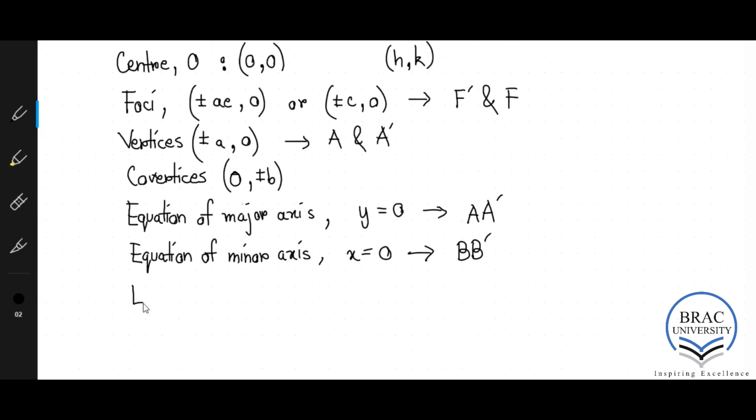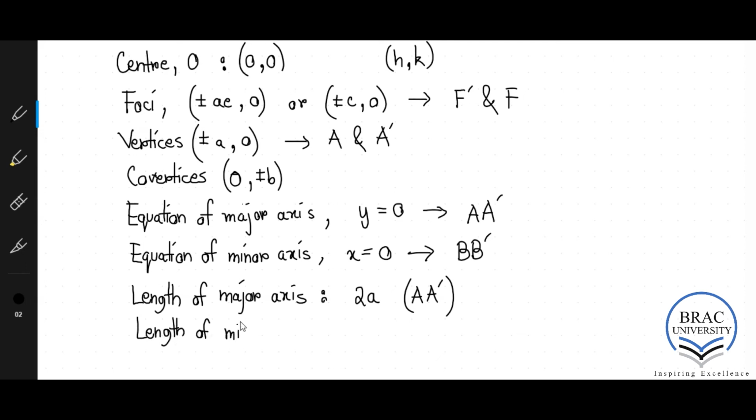So how do we define the length of each of these axes? The length of the major axis is just 2a, and this is again just the length AA prime. The length of the minor axis is just 2b, and this is again just the distance from B to B prime.